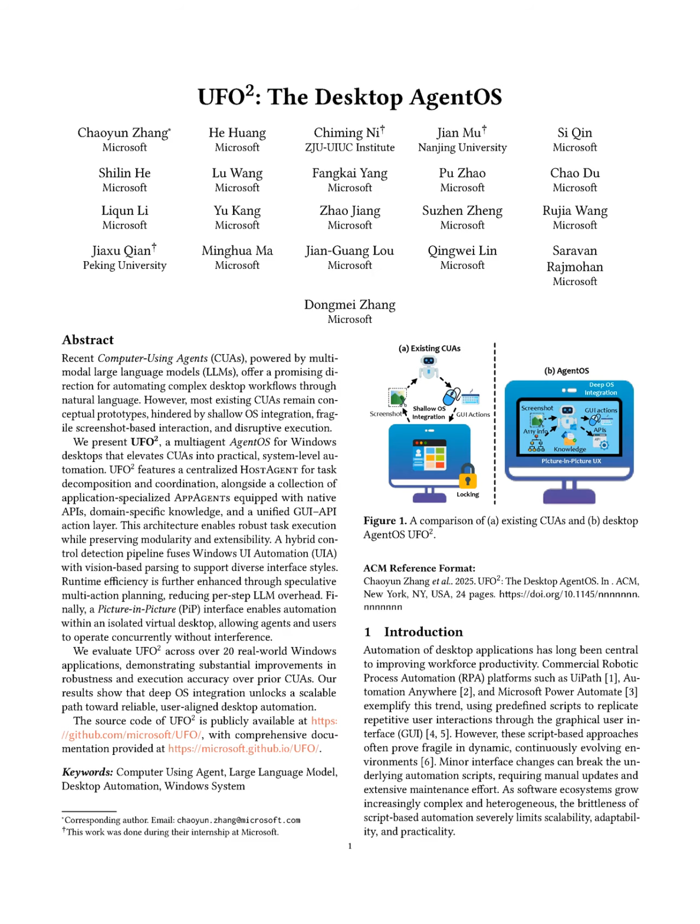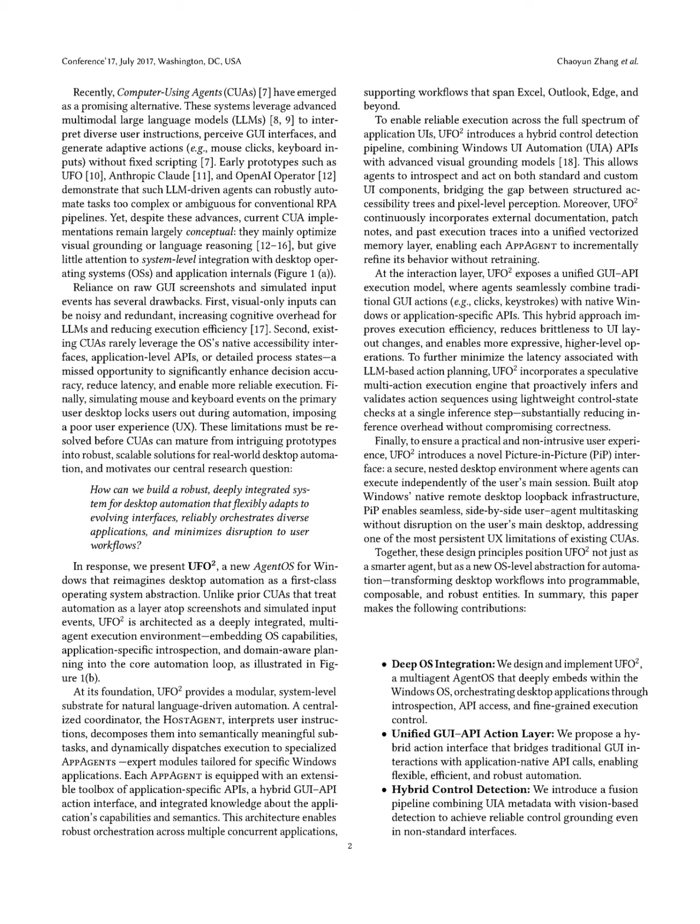UFO2 offers several key theoretical and practical advantages over existing computer-using agents (CUAs) and traditional robotic process automation (RPA) tools. Theoretically, UFO2 integrates deeply with the Windows operating system, allowing it to leverage native accessibility APIs and application-specific introspection, which enhances decision accuracy and reduces reliance on fragile GUI-based interactions.